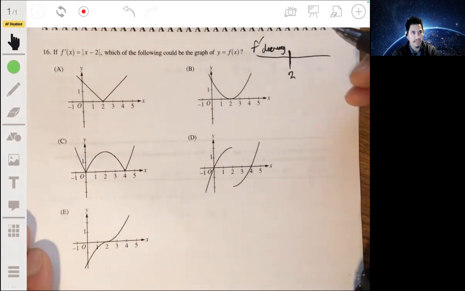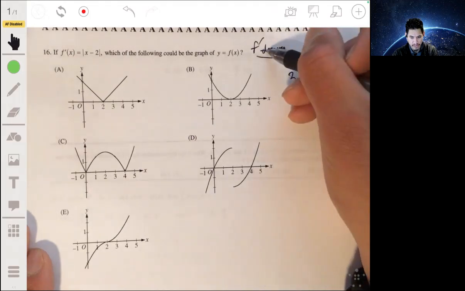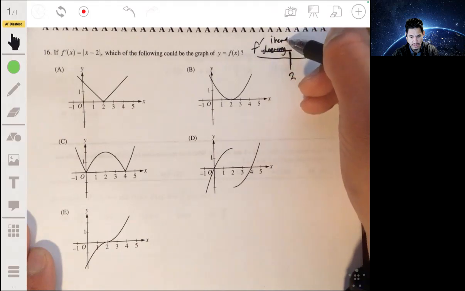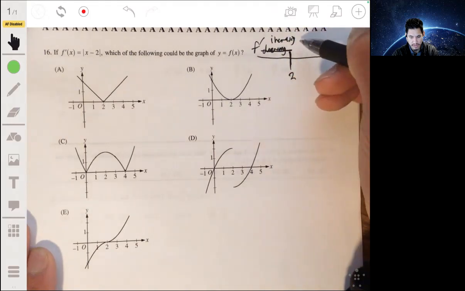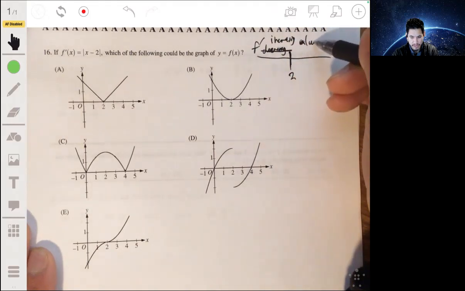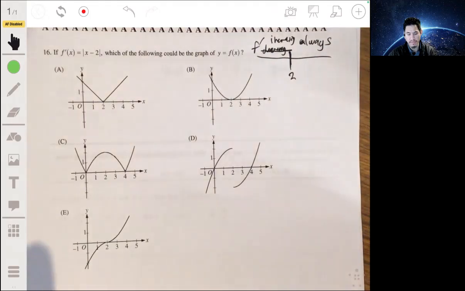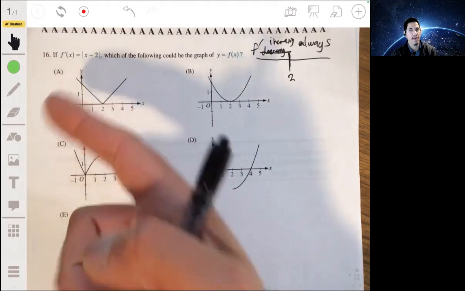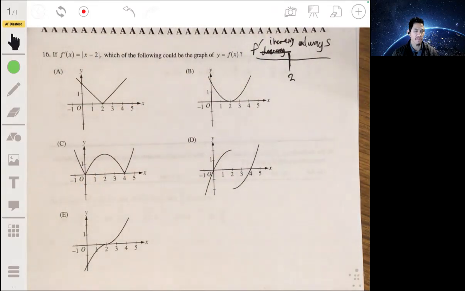And when f is, no, I'm sorry. It's going to be increasing always, because the absolute value of any number is positive. So f prime is always increasing.